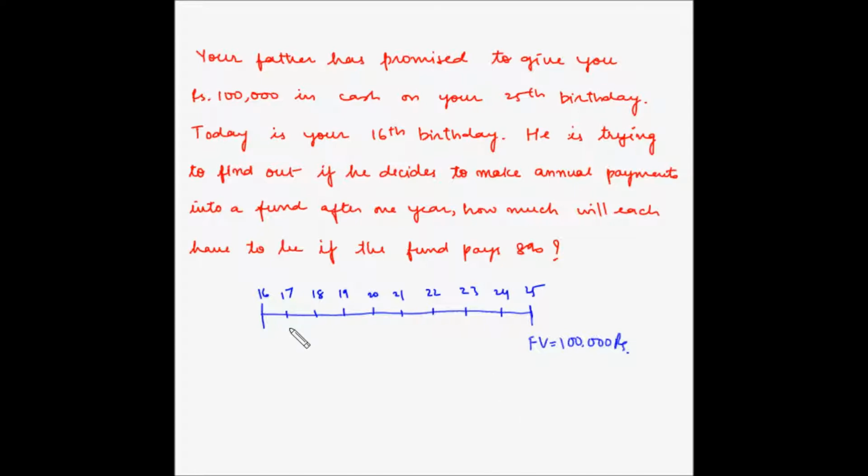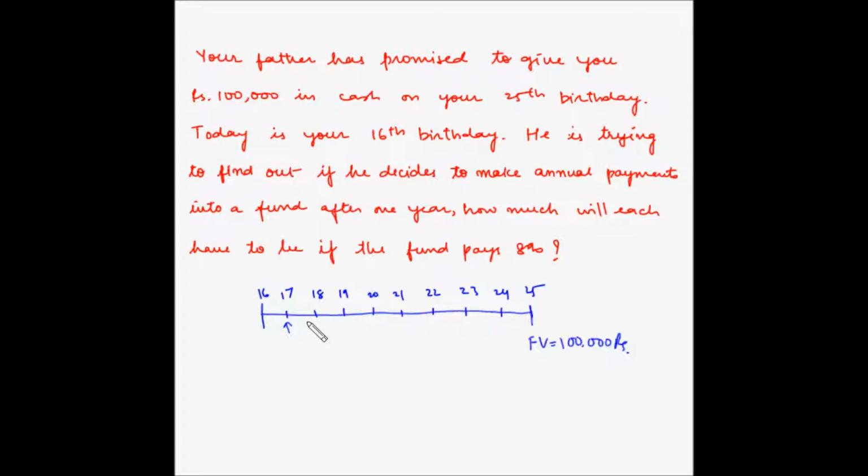Now your father wants to make annual payments into a fund starting 1 year from now, that is starting from here. And the same amount he wants to deposit at a gap of every year.